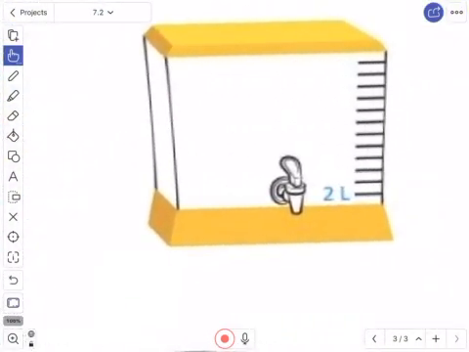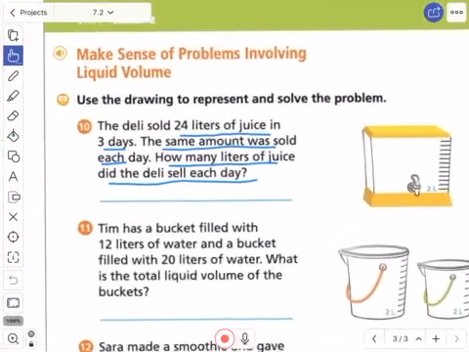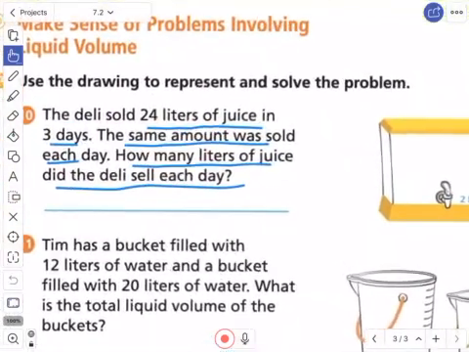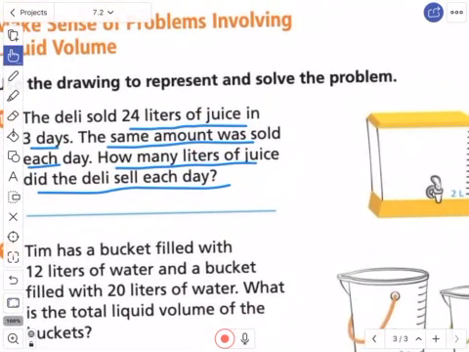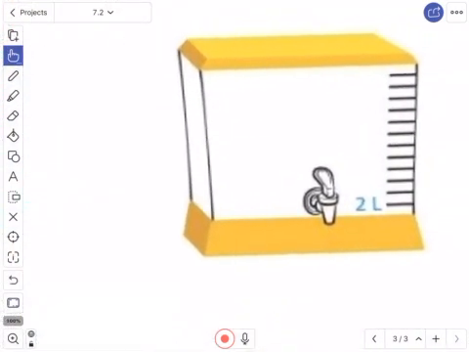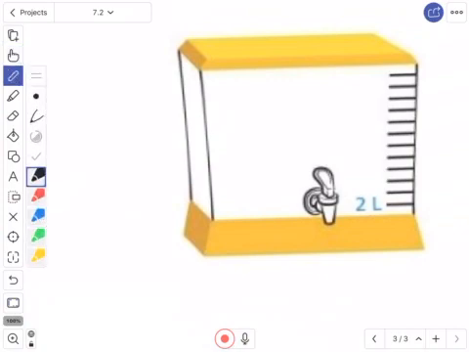So I can use that to help me count out what I'm going to need to figure out, if they sell the same amount in 3 days, because what I'm going to try to do is group this into 3. I should also count up to 24, because it counts by 2s, so I'll do that part with you right now too.